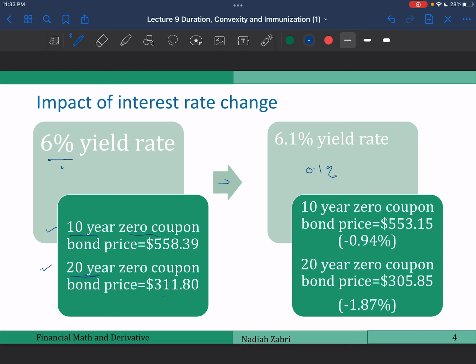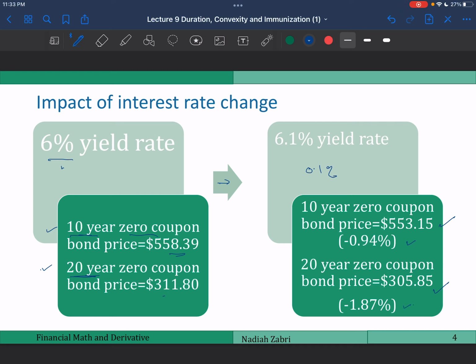So higher yield means lower bond prices because it is discounted more. So how much lower? So the new price is 553 and 305. So the percentage of change as a percentage of the original price is negative 0.94% and negative 1.87%.